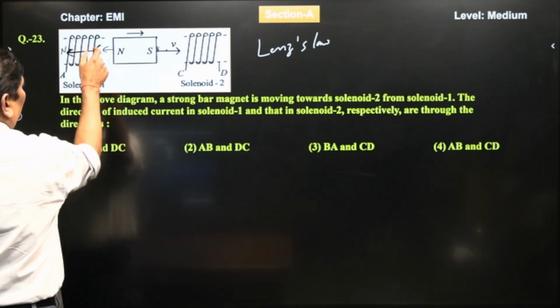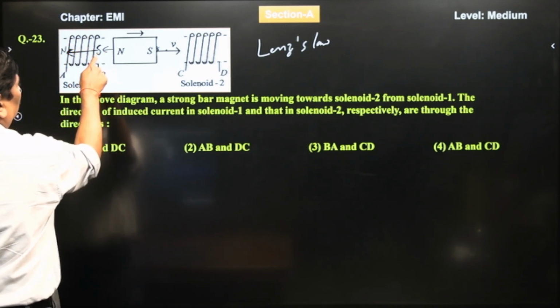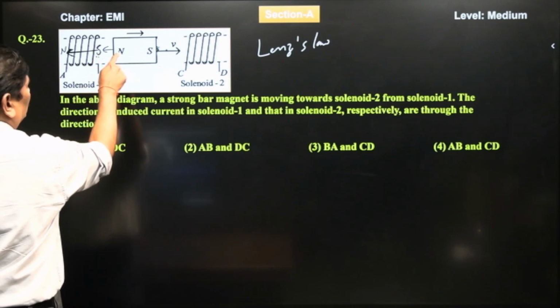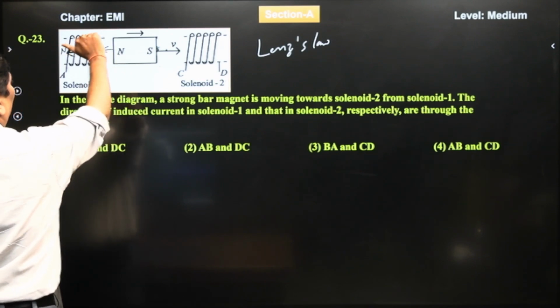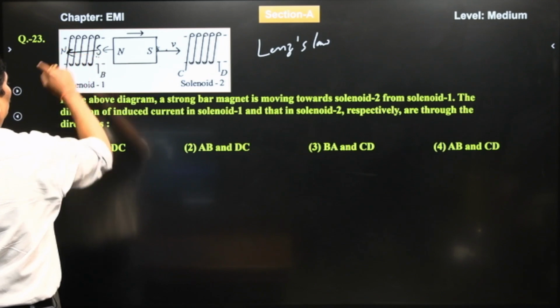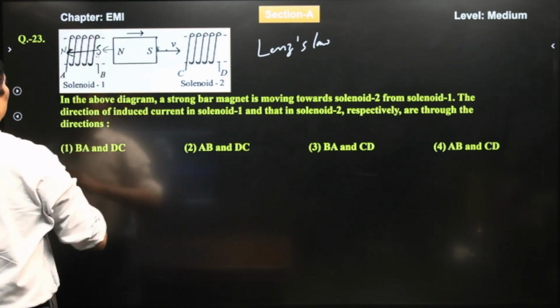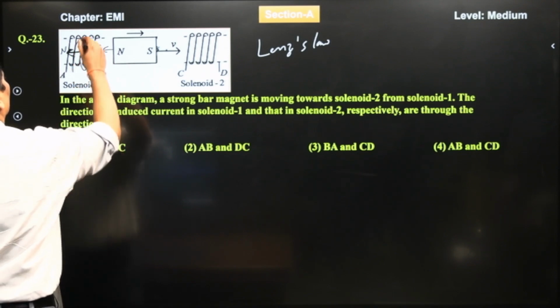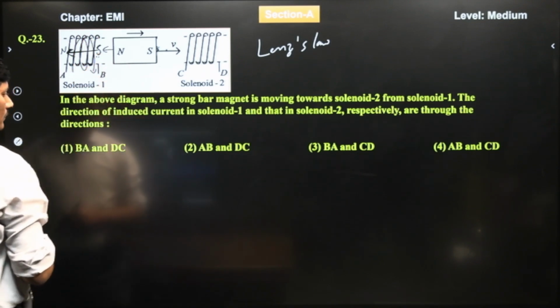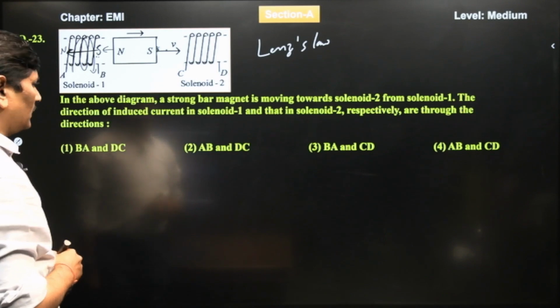But here, to develop a south pole on the end nearer to this north pole, it has to develop the magnetic field inside from south to north like this. So the current direction is A to B.